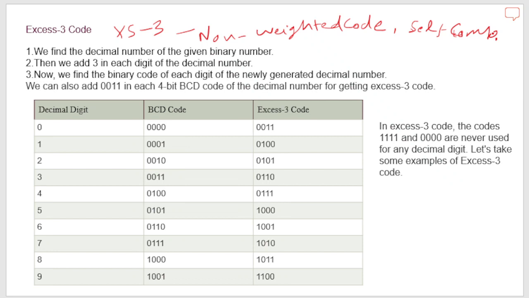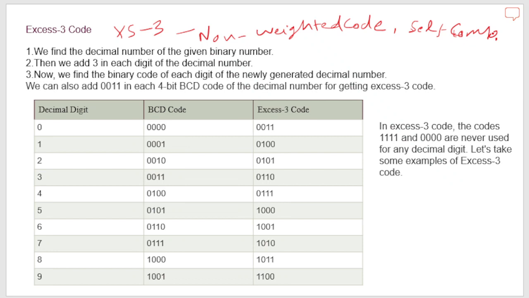Excess-3 is a BCD code used to represent a decimal number. This code has a biased representation. It plays an important role in arithmetic operations because it resolves the deficiency encountered when we use the 8421 BCD code for adding two decimal digits whose sum is greater than 9.